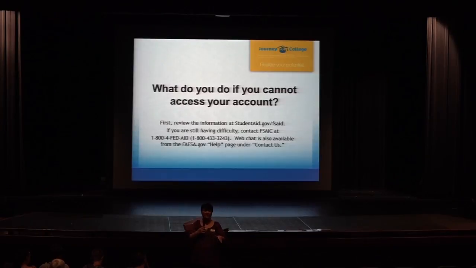And sometimes it's difficult to get that to go through. So, not trying to scare you, but you know what's crazy? That's the hardest part about the FAFSA, is getting the FSA ID. That's what I think, anyway, because they're making it so easy now. But that's the FSA ID information.